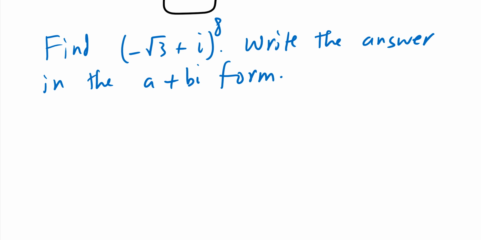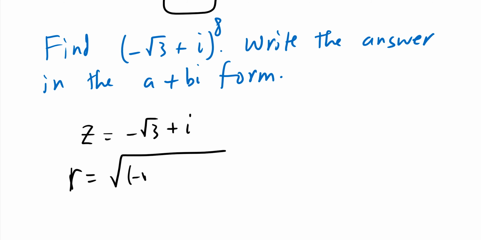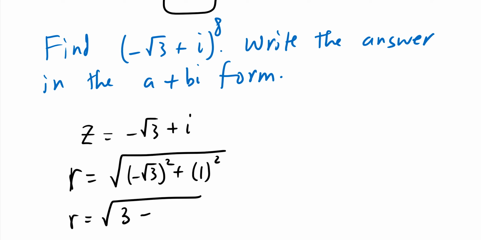So how do we do this? First thing, we let z equal this. We need to write it in trig form. We find r, which is the square root of the first number squared, plus i means 1i, so 1 squared. Don't forget the 1. That's 3 plus 1. That gives us the square root of 4, which comes out to be 2.